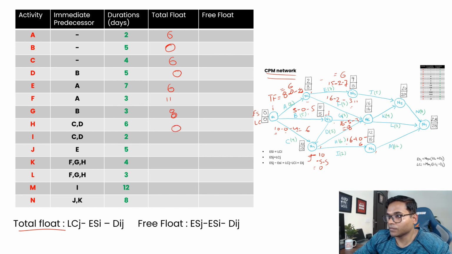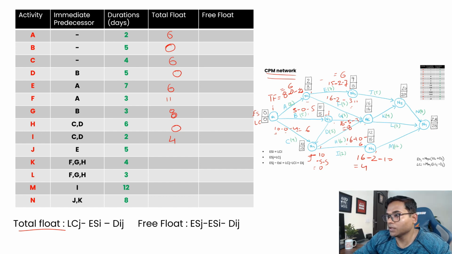Then for I, we have 16 as the late completion, minus the duration 2, minus the early start 10, so that is 4.